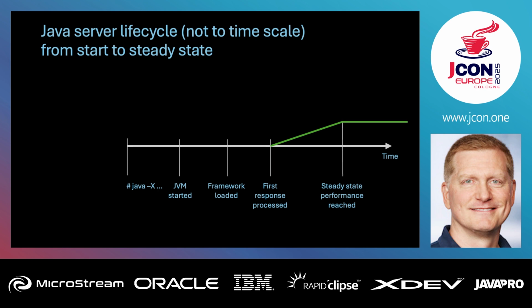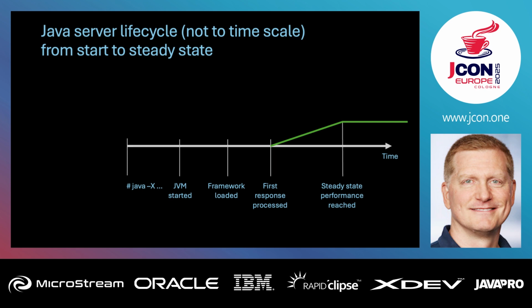Eventually enough stuff gets loaded, enough stuff gets compiled, and enough data is present that we can actually start processing transactions that are being applied as load to this server. We start off at almost 0. Then over time we have to compile code, load classes, initialize data structures, fill in caches, and so the performance of the server ramps up through this period until all of those things have settled.